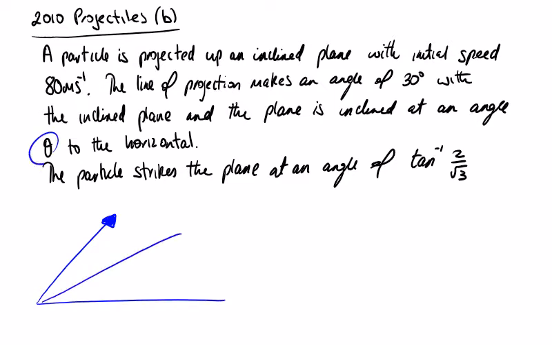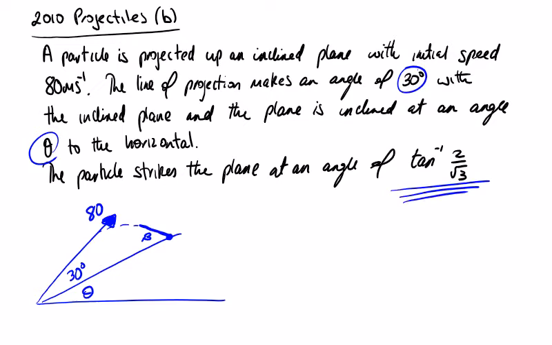So we're told the angle is theta to the horizontal, 30 with the incline, and the initial speed is 80. And it lands, we're given the landing angle. So the landing angle, we call it beta, and they give us this information here.